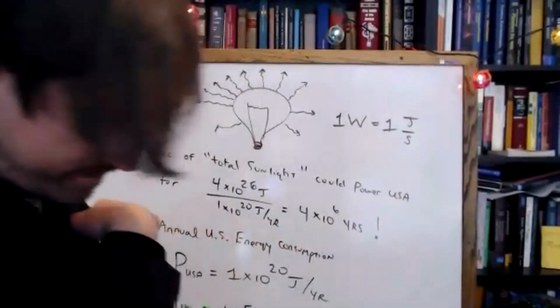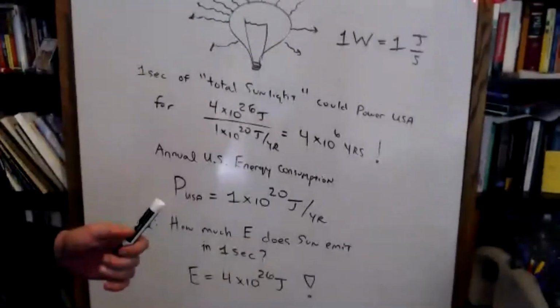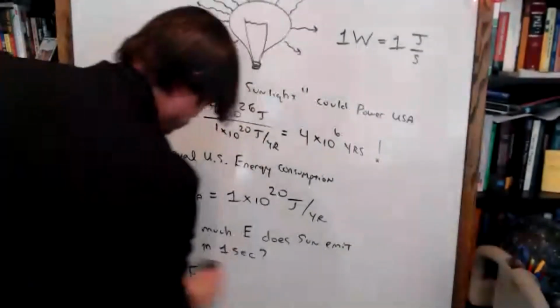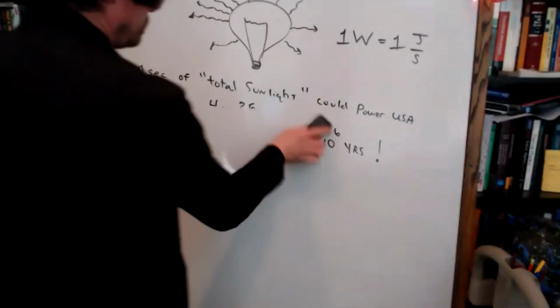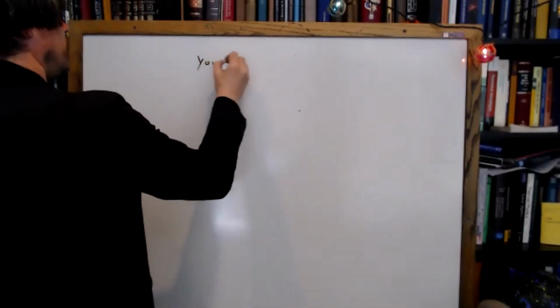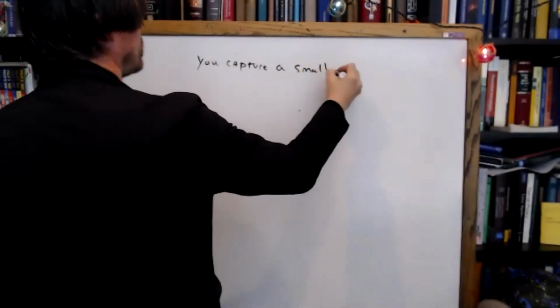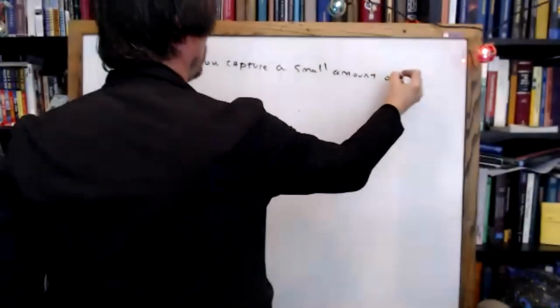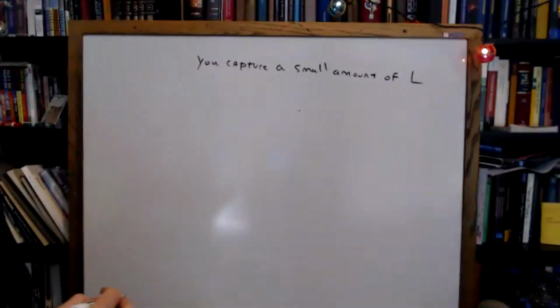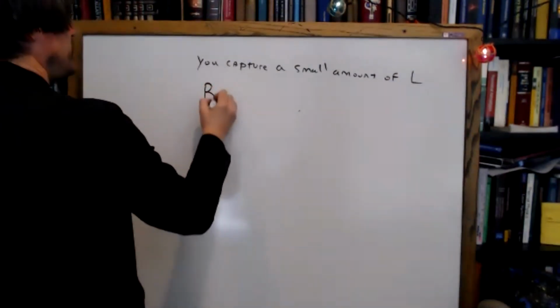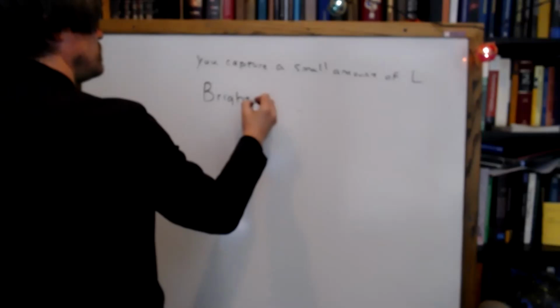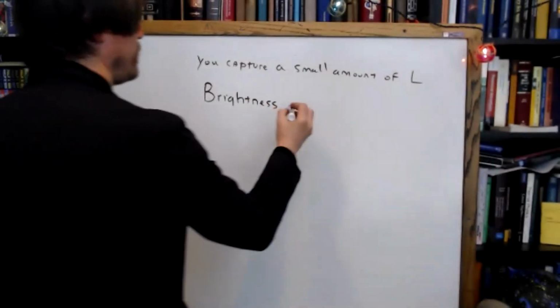Let's contrast the two. You capture a small amount of luminosity at your detector, and this concept is called the brightness.